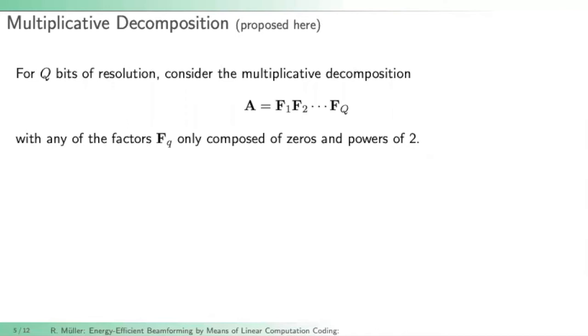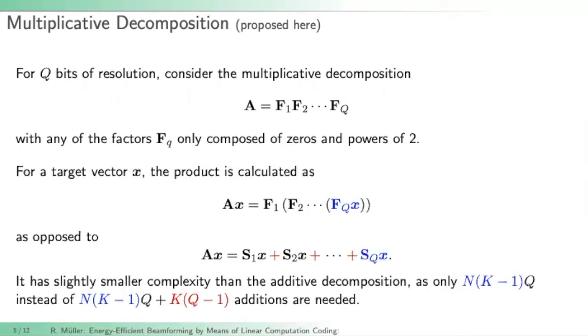Now, what I'm proposing here is to decompose multiplicatively. So instead of writing A as a sum of matrices with entries being powers of 2, now we decompose it into a product of such matrices. Complexity-wise, this is approximately similar. In fact, it is even slightly less because we don't need to add the vectors at the end.